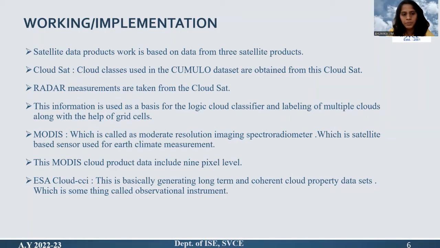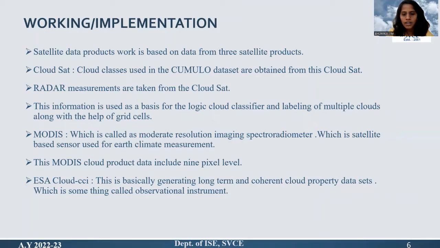What is this radar measurement? Radar stands for radio detection and ranging, a process of measuring the direction, altitude, range, and speed of a distant object. And LiDAR is light detection and ranging.